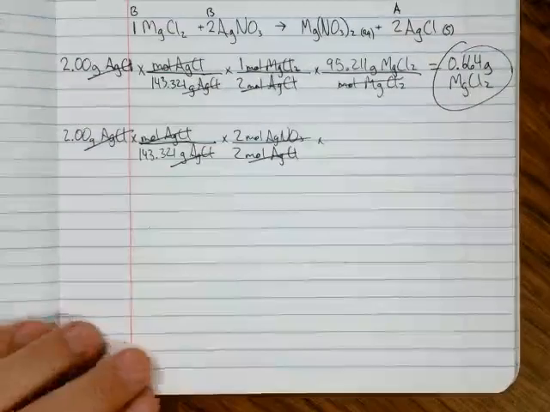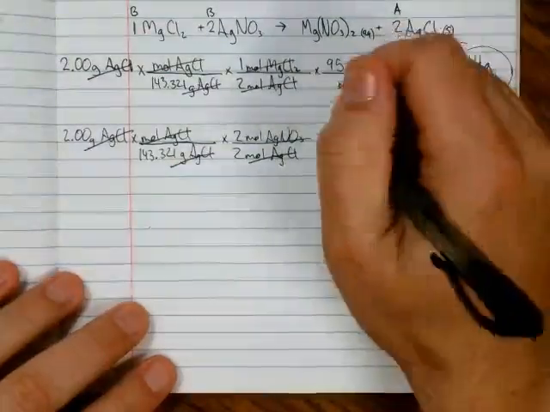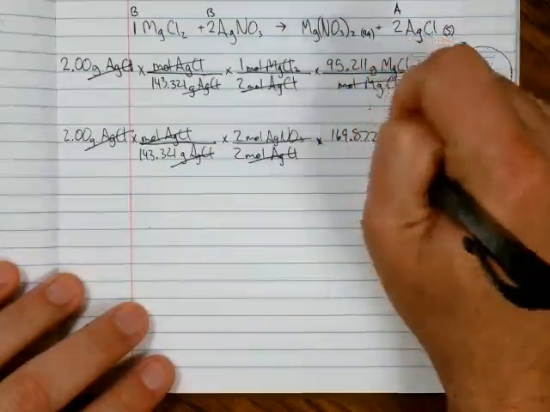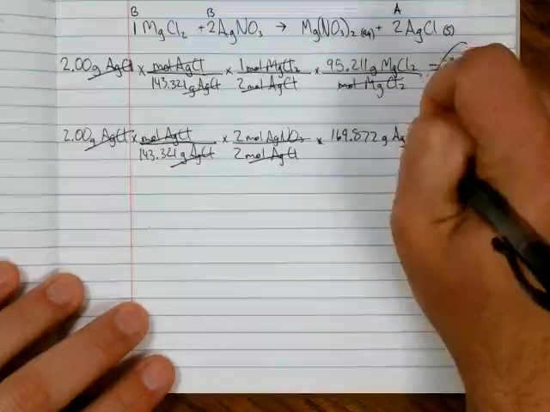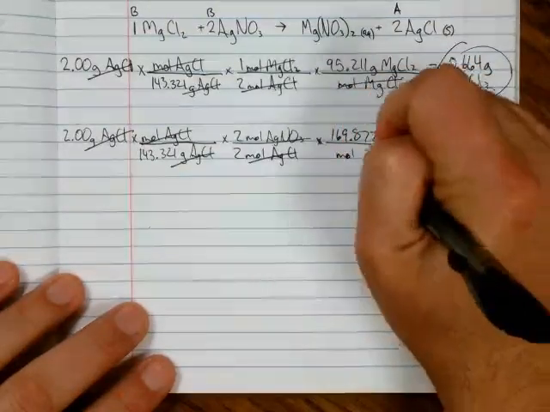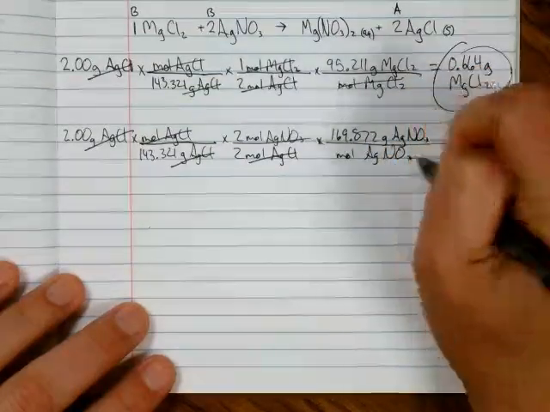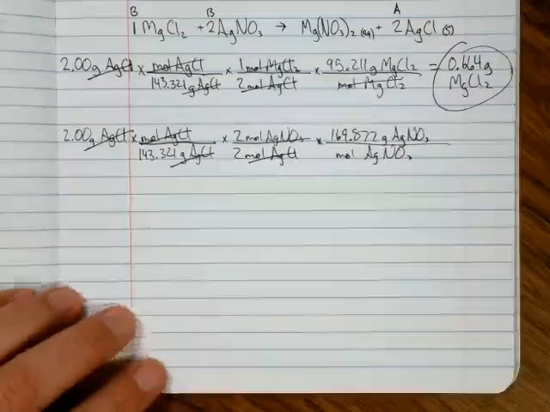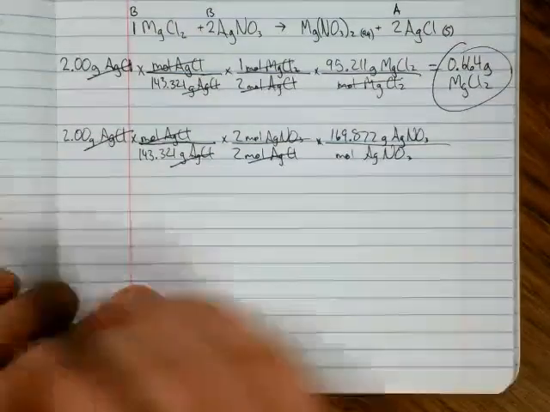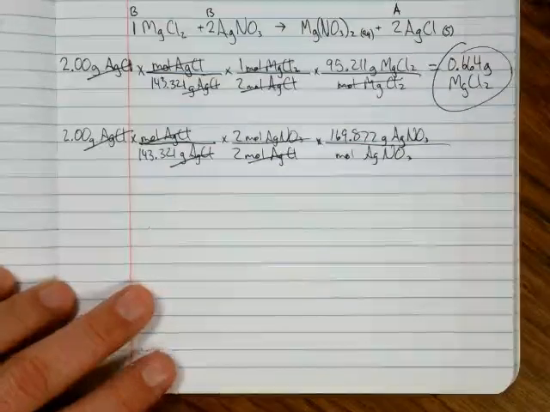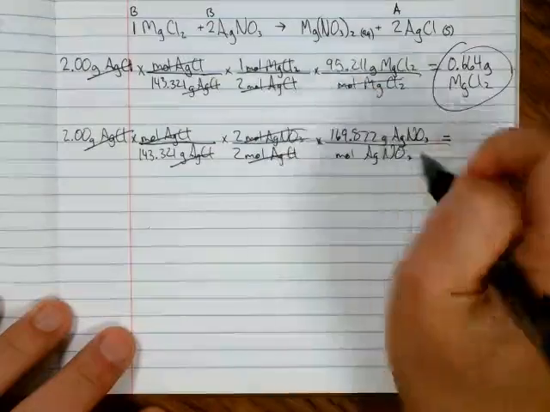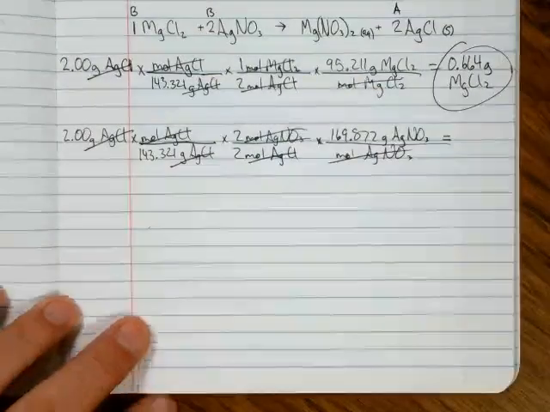What's the molar mass of silver nitrate? I got 169.872. Anybody else get 169.872? All right. So now we've converted from moles to grams of silver nitrate.